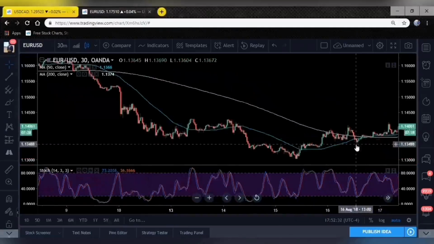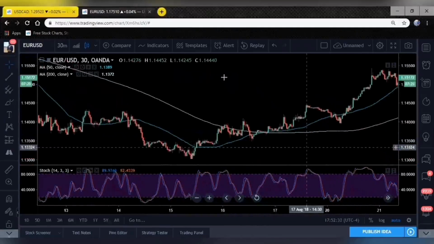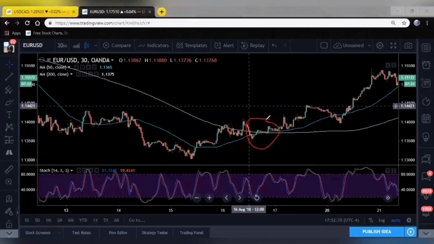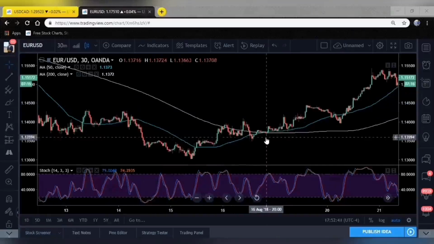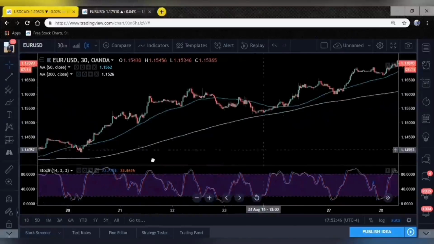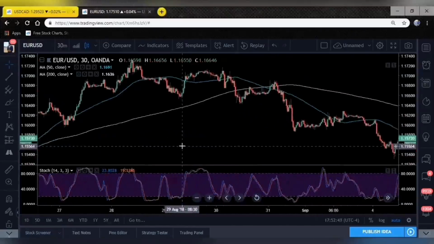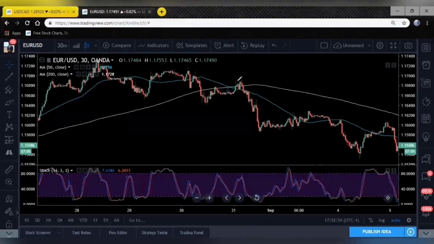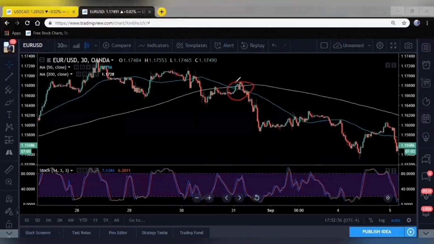So down here, at the next crossing, I would step out of my sell and get a buy here. From that buy, I'm looking for the next crossing to step out of that trade, which is right here. Well, we have the next moving averages cross to reverse the trend.